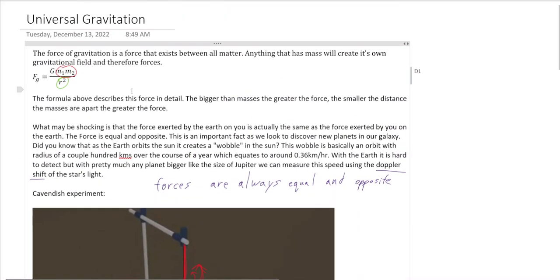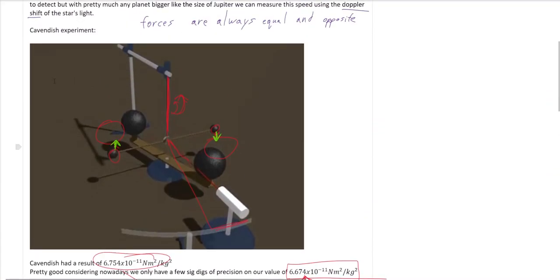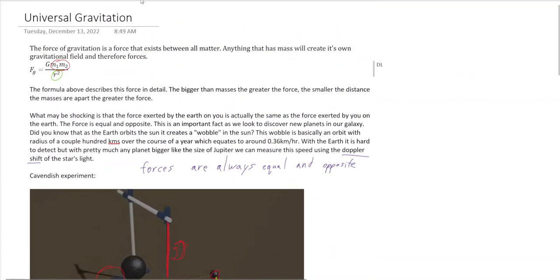Anyways, yeah, universal gravitation, the idea that there's a gravitational force between every single piece of matter, anything that has mass, and forces are always equal and opposite. So then you can do calculations based off of this formula here. You should know about Cavendish's experiment for the test as well. Yeah, I hope this video helps you, and good luck.